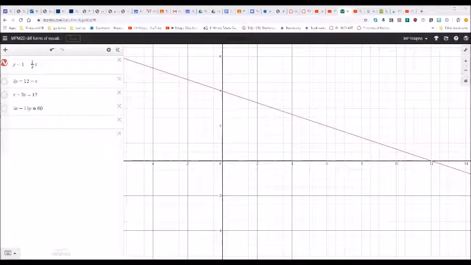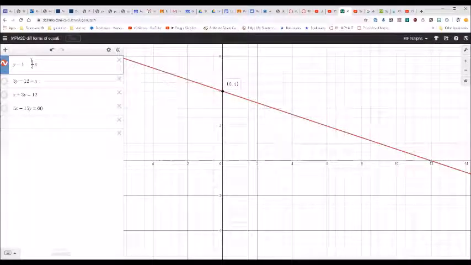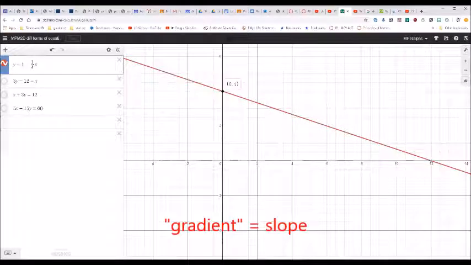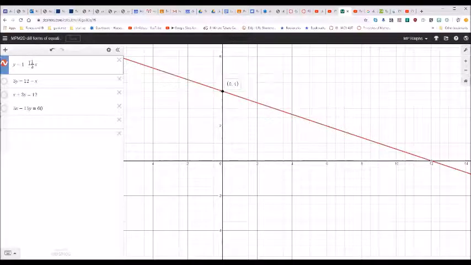In this case it's 4, so if we look over here we see the y-intercept is (0, 4). And we also see that the slope, also known as the gradient of this line, is negative 1/3.